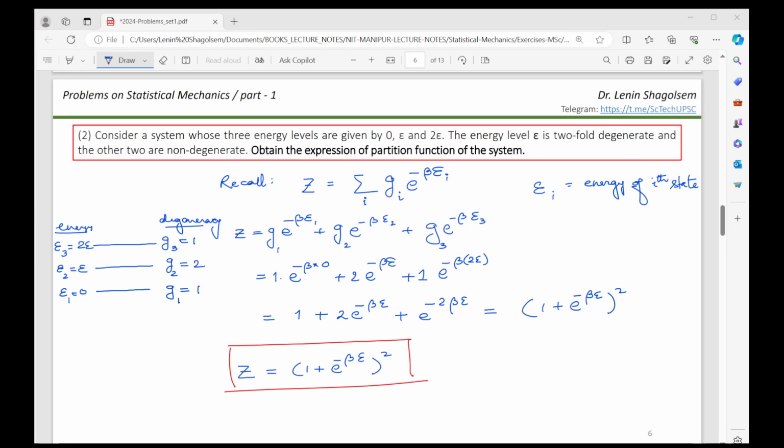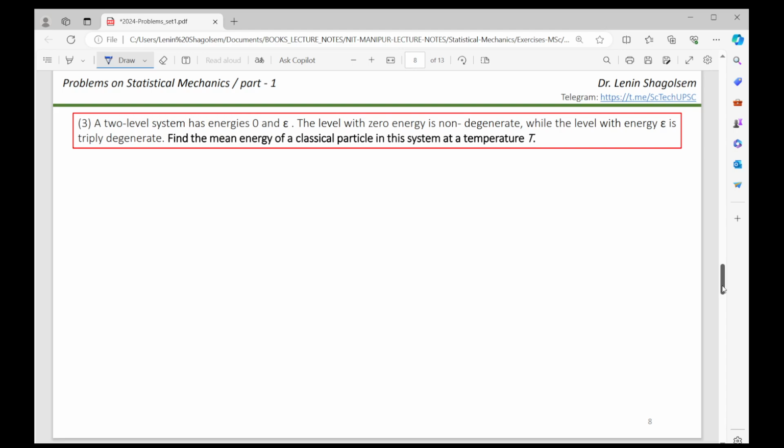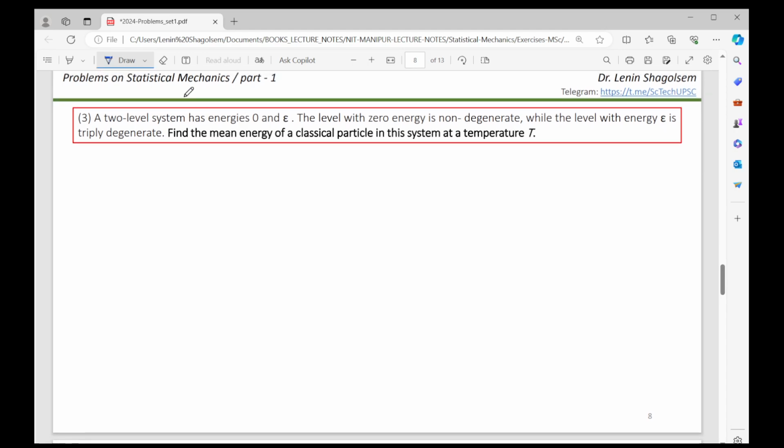Now let's move on to the third problem. It's a similar problem, but the question is different. As in the previous case, we have a system with different energy levels. Here only two levels, so let us just draw the first level and the second level. Let's call the first level energy 0, the second level energy epsilon, according to the problem.